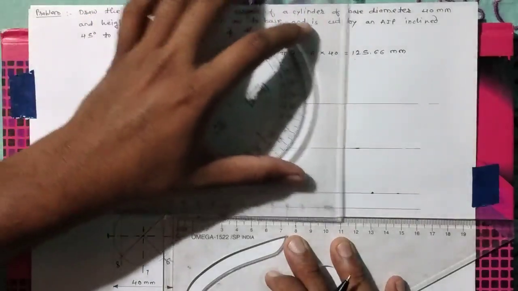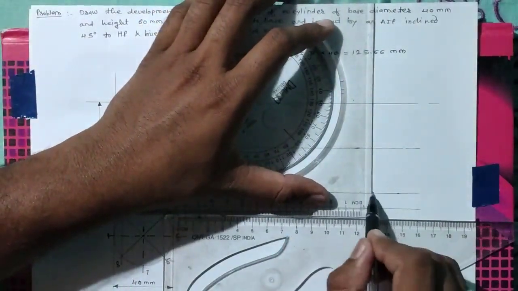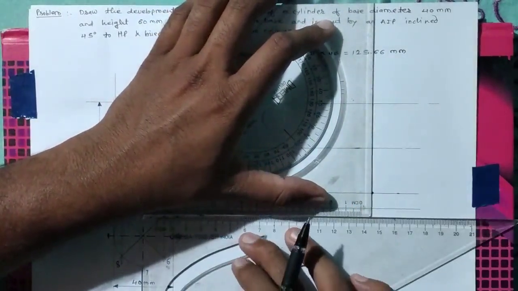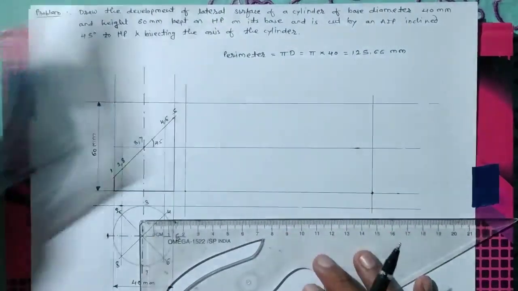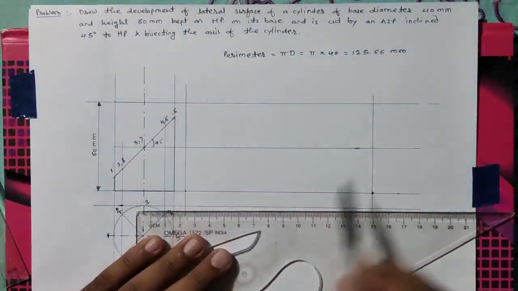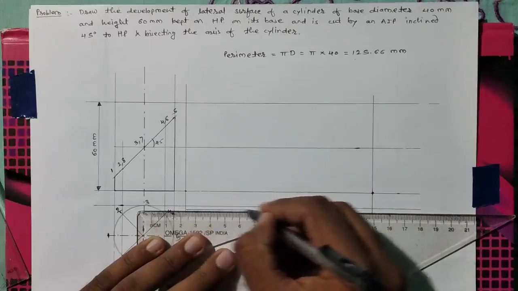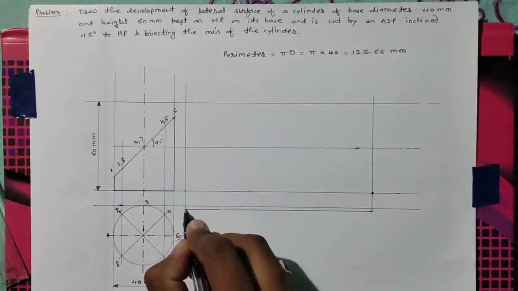from this point. We have to draw projection lines from these points, and this completes the rectangle. In this rectangle, we are going to draw the development of the lateral surface of the cylinder.